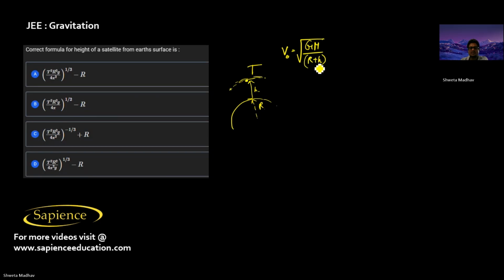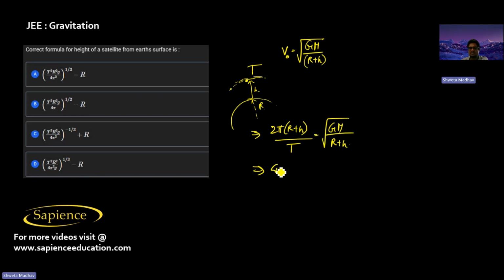So therefore, we know that 2 pi into (R plus h) by T, that is the time period, is equal to root over GM by (R plus h).